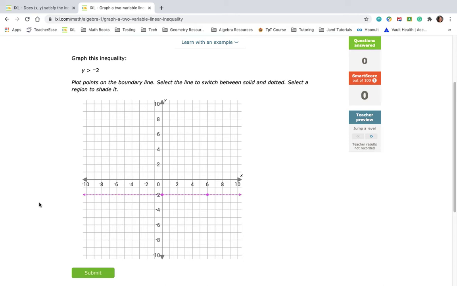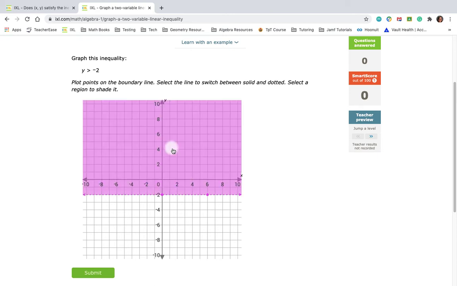That's the same as an open circle, okay? So now I've graphed the line y equals -2, but this isn't an equal sign. This is y is greater than -2. So I want to find which part of the graph is greater than -2. That would be everything up top here. So I'm going to click to shade it in.